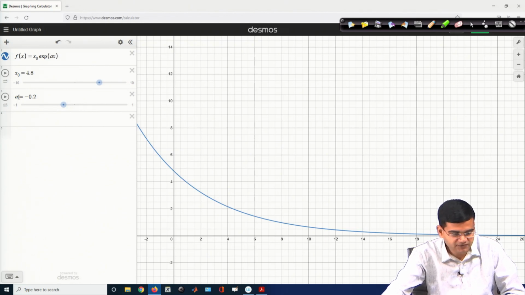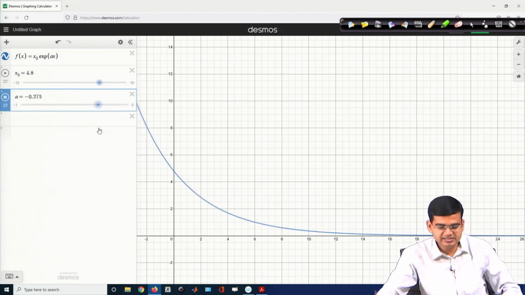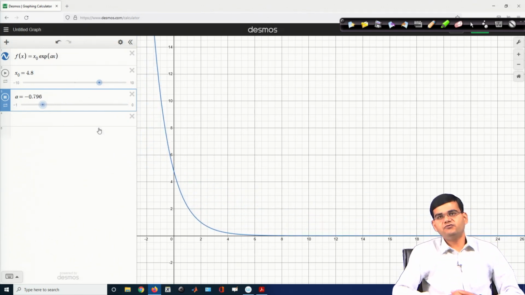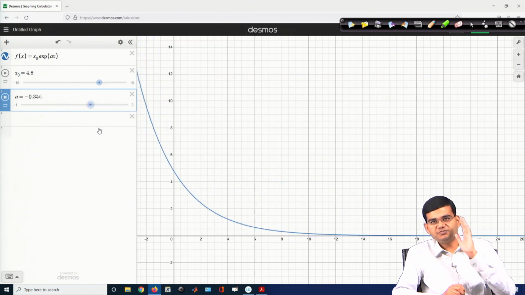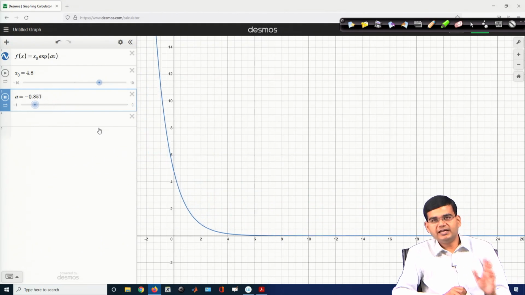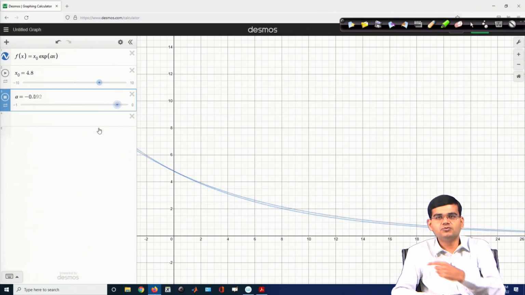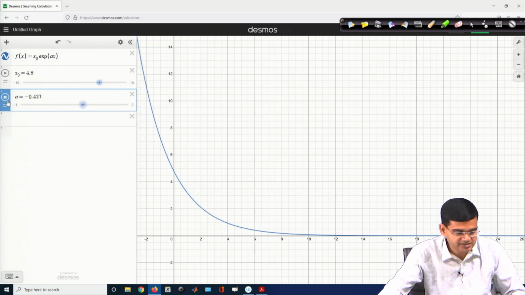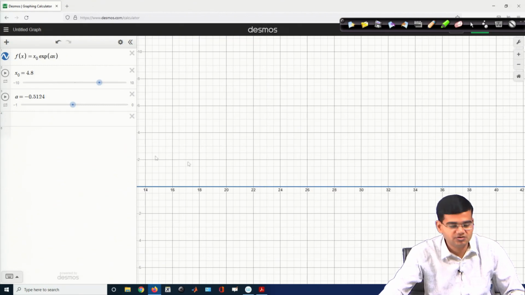And if I confine the values to only negative and animate it, what you will see is that irrespective of the value of a, these are two important things. When a is negative, irrespective of the magnitude of a, as time t tends to infinity, the value of your dynamical variable always goes to 0.